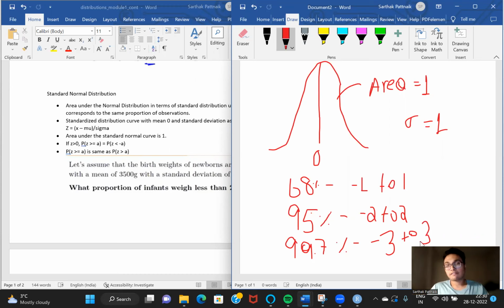This is my 68, 95, 99.7 rule for my standard normally distributed curve, which can be very easily surmised if we have learned the normal distribution.